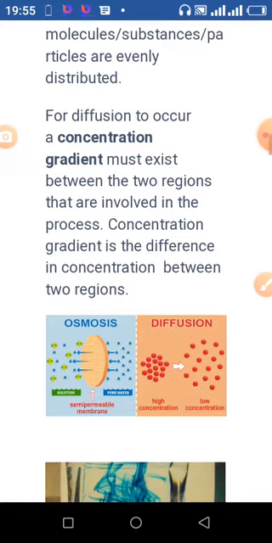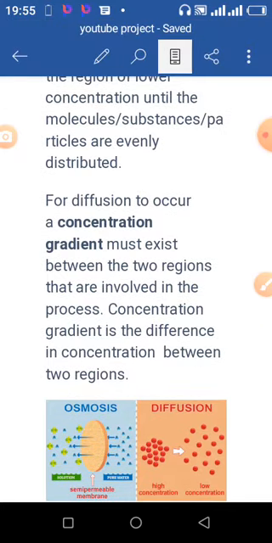All this is trying to say is that diffusion is part of the process by which substances move in and out of the cell. When diffusion is about to occur, there have to be two sides.